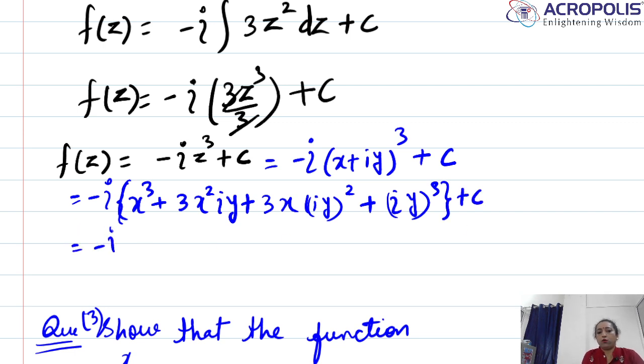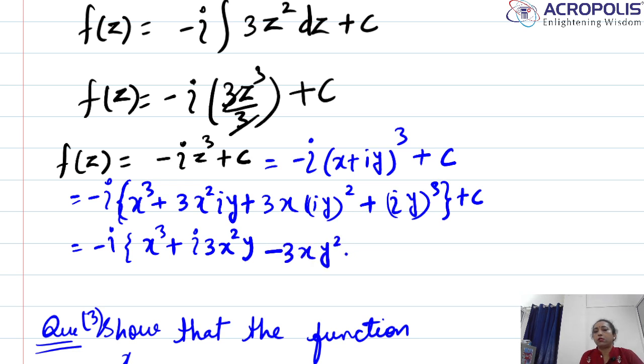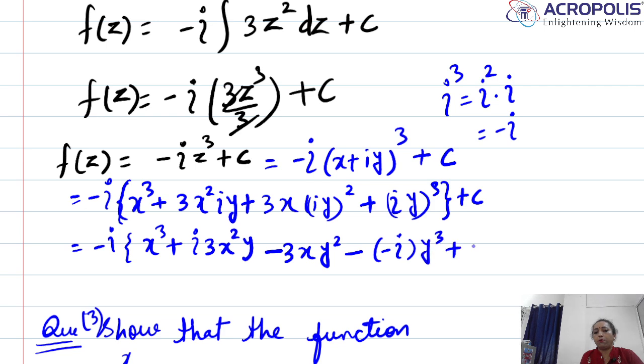So this is equal to minus i [x cube plus i 3x square y. i square is equal to minus 1, that's why it is minus 3xy square, and i cube is equal to i square dot i, which is equal to minus i, and this will become minus i y cube] plus c.